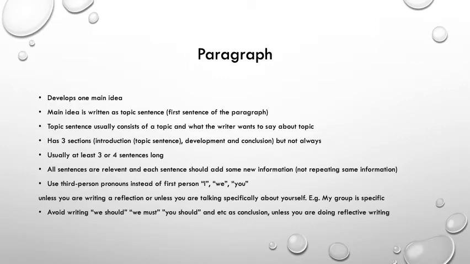So for students, when you revise your paragraph writing, if your topic sentence seems short, that means you have probably left out what you want to say about this topic. You could either add your idea to it, or maybe it needs to be combined with the next sentence.